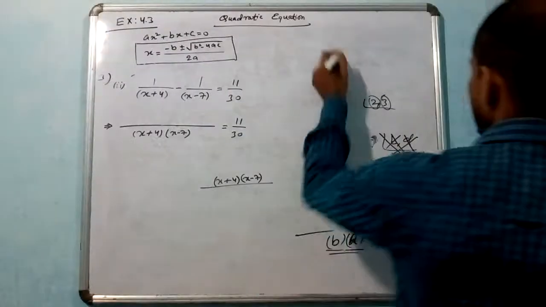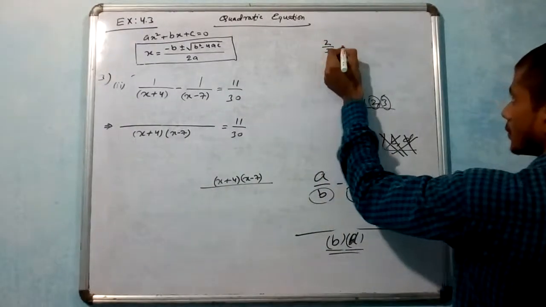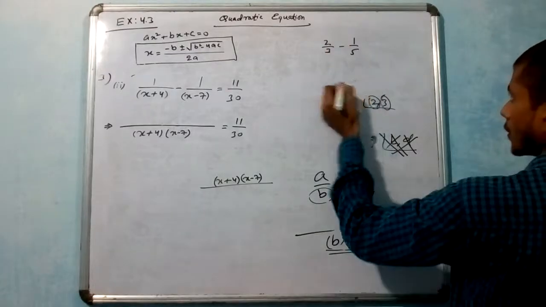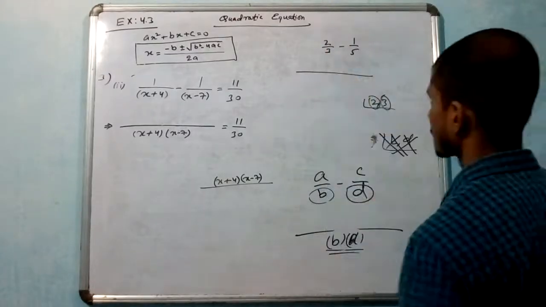So 2 by 3 minus 1 by 5. Come on, tell me the steps.